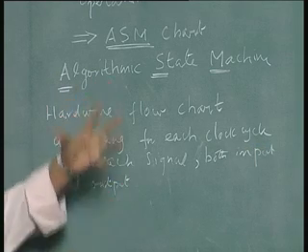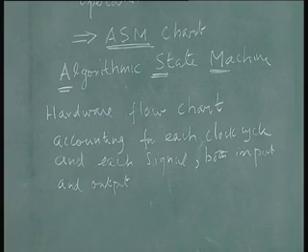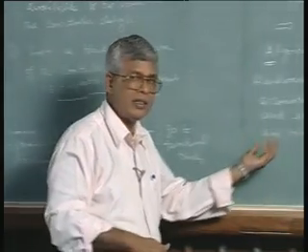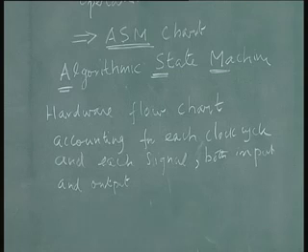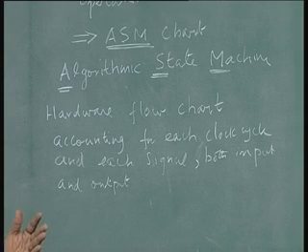In other words, once you have this algorithmic state machine chart drawn, the hardware is realized very quickly, very simply. So, once you have an algorithmic state chart, the design of the controller is only a mapping process, which is a general technique. You do not need any more intelligence.